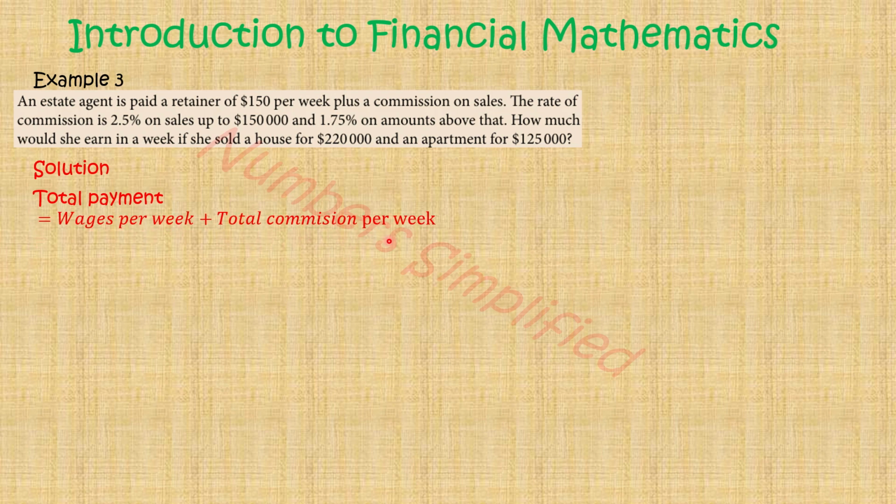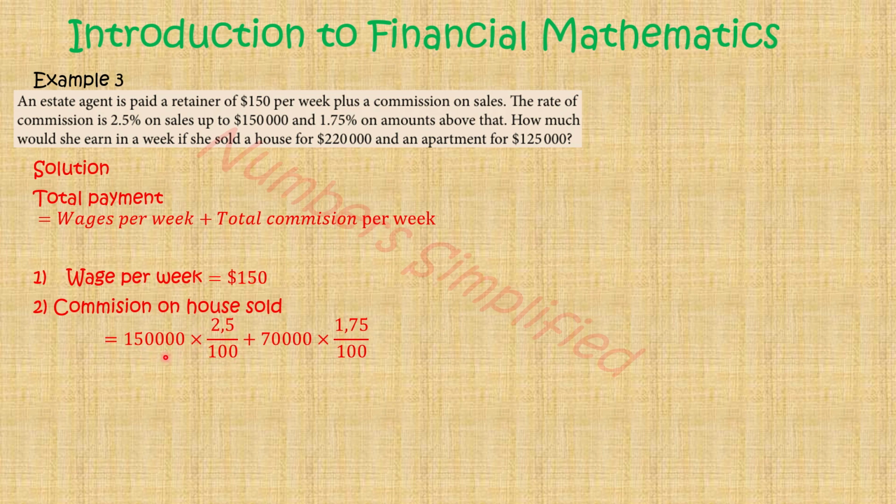So we know that the total payment is going to be wages per week plus the total commission per week. Now let's look at the wages per week. The wage is $150, and then the commission on each house sold. So the house that the estate agent sold was worth $220,000. So that would attract a commission of 2.5%, which is 2.5 divided by 100, up until 150,000, because beyond 150,000, the estate agent starts to earn at a rate of 1.75%.